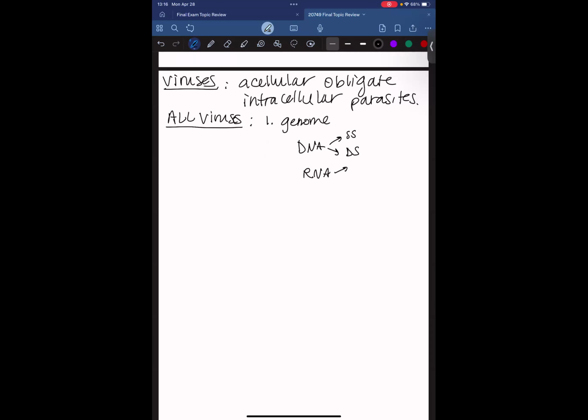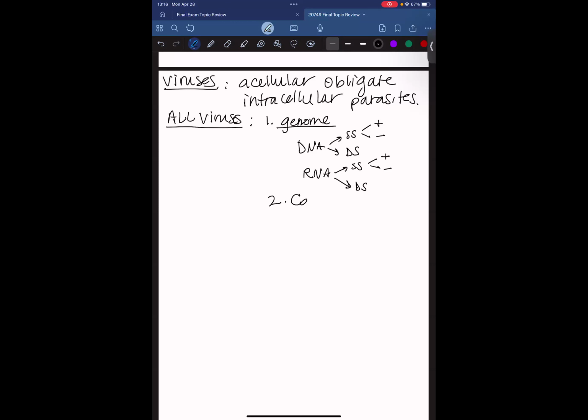Same thing with the RNA. And that single-stranded version can be positive sense or negative sense. Positive sense means that a ribosome could just read it. Negative sense means we have to make a copy of it in order for a ribosome to read it. Basically, that's like the watered down version of it. All right, we'll talk about transcription and translation in the next part. But for now, viruses, all viruses have to have a genome.